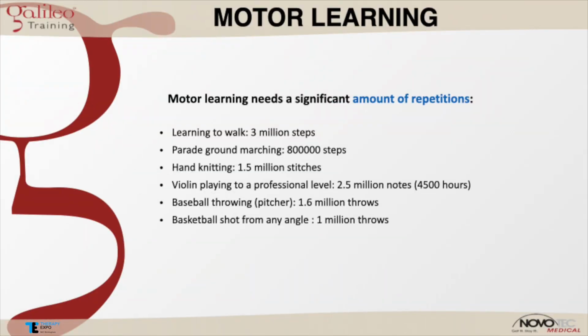When we talk about motor learning, we know that it needs repetition, repetition, repetition. Learning walking means 3 million steps. Playing a professional instrument or sports, again, millions of repetitions. And the Galileo helps you lead to a better neuromuscular communication.